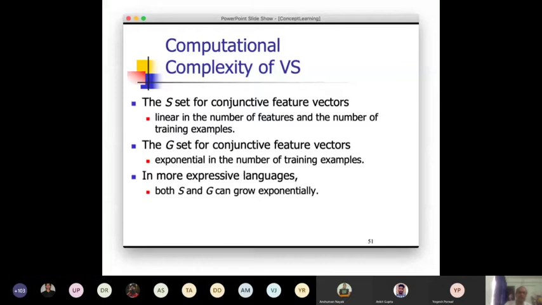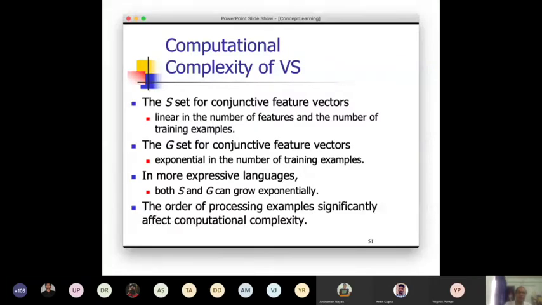In more expressive languages, both S and G can grow exponentially. But the order of processing examples significantly affects computational complexity, which I mentioned earlier also. Since the size of G itself is exponential, finally the worst case of the algorithm should be exponential.